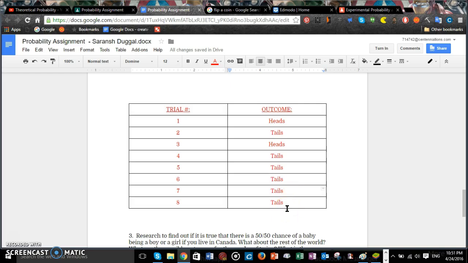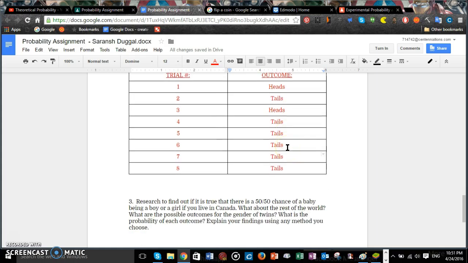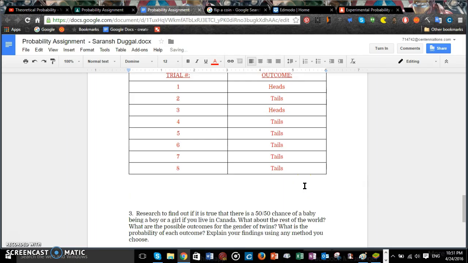So once again, it's become 6 tails and 2 heads.